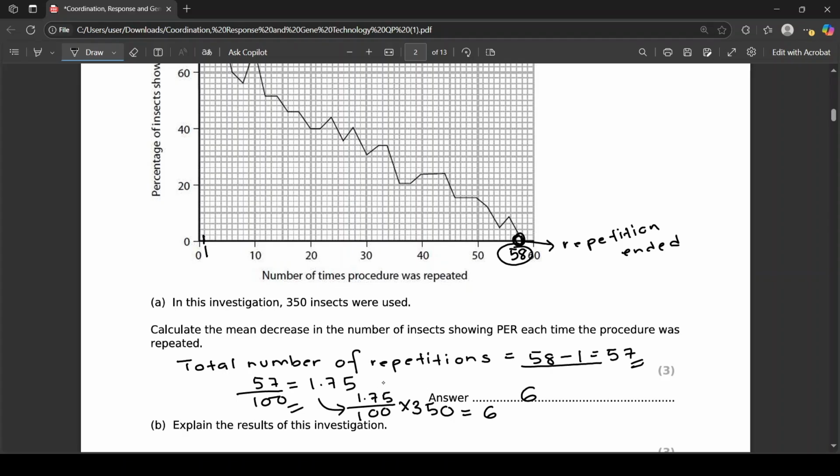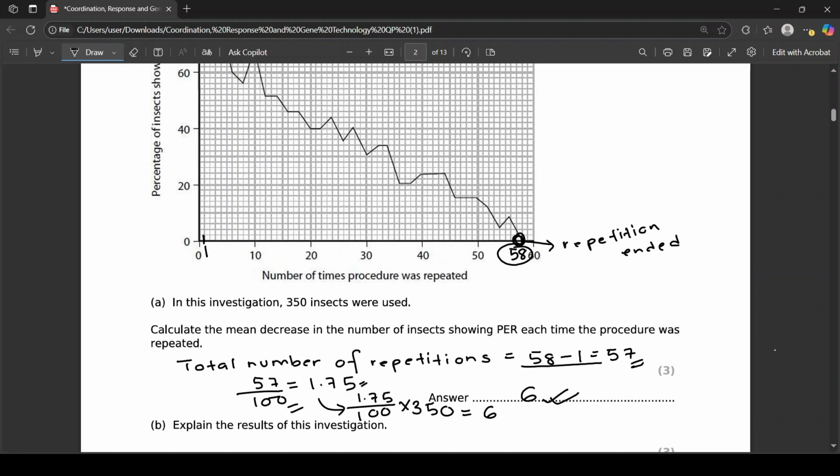Okay, now that we have the percentage of fewer insects that showed PER, we can easily find out the mean decrease. We just write the percentage 1.75 divided by 100 and then multiply it by 350 and we get an answer of 6. Are you following?